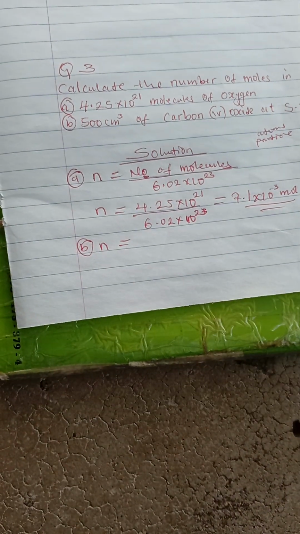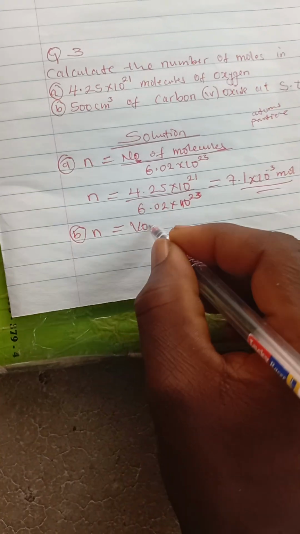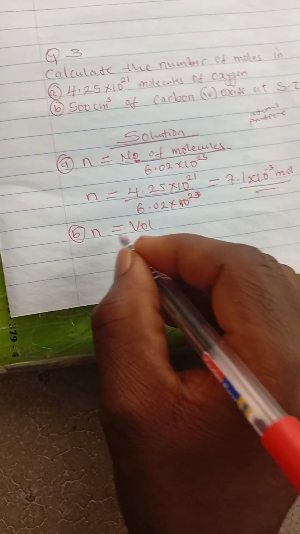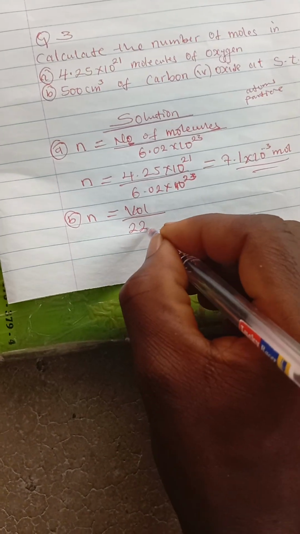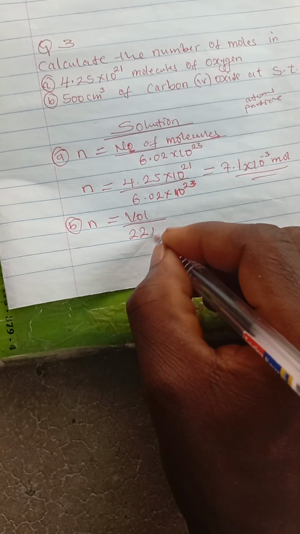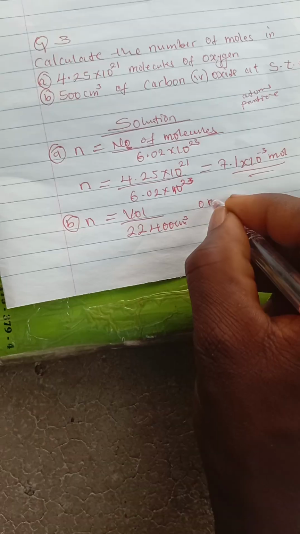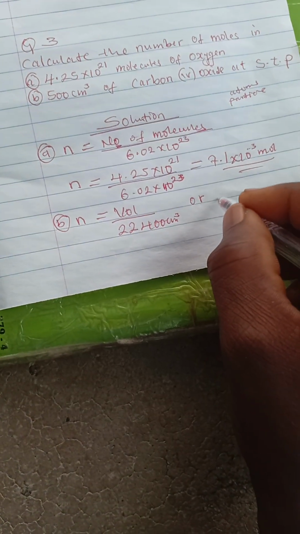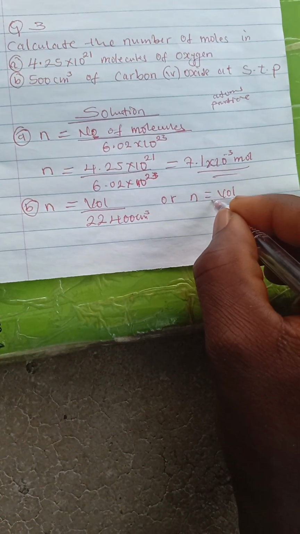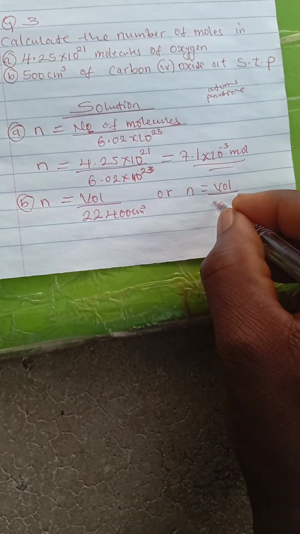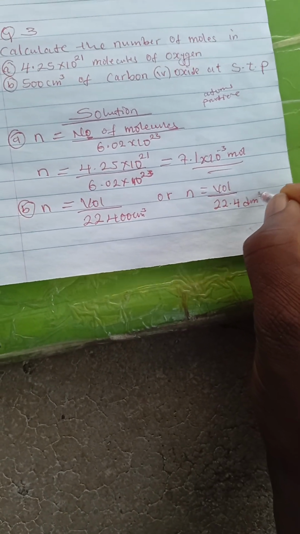At standard temperature and pressure, the formula we can use is number of moles is equal to volume all over 22,400 centimeter cube, or 22.4 dm cube.